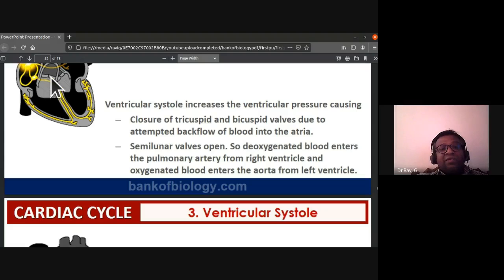And the semilunar valves open. When the ventricular pressure increases, the semilunar valves open. The pulmonary semilunar valves and aortic semilunar valves open. Deoxygenated blood enters the pulmonary artery from the right ventricle, and oxygenated blood enters the aorta from the left ventricle.